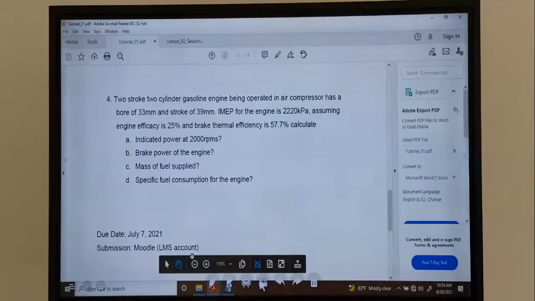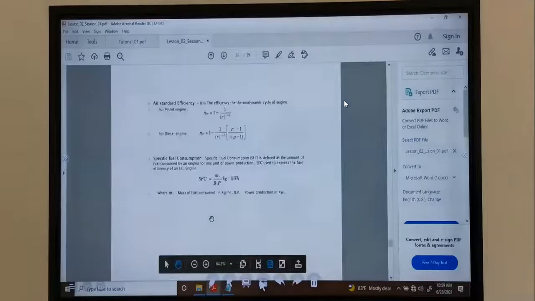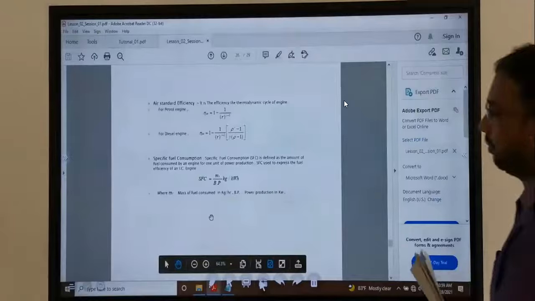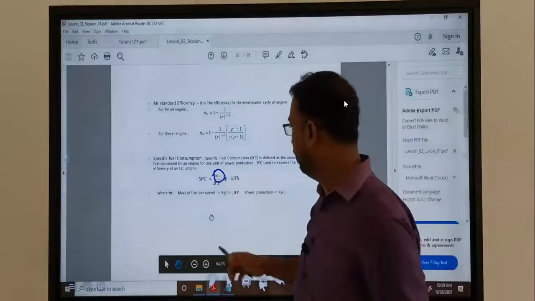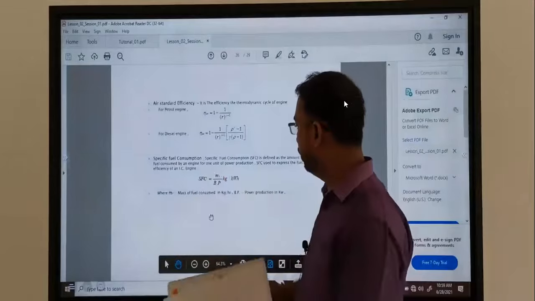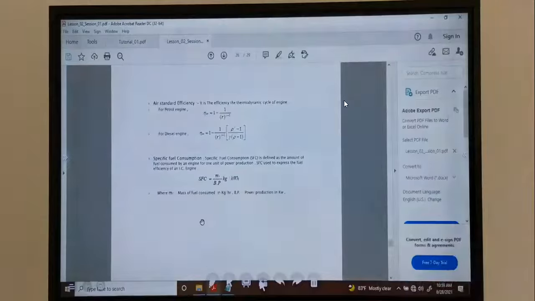Now the mass of fuel supplied we have calculated. The last one is the specific fuel consumption of the engine. We know this equation: here the mass of fuel consumed, MF, we know, and BP also we know, so we can calculate the specific fuel consumption.